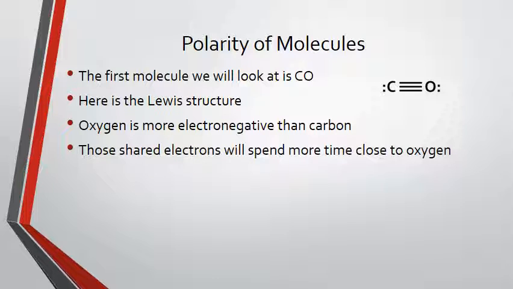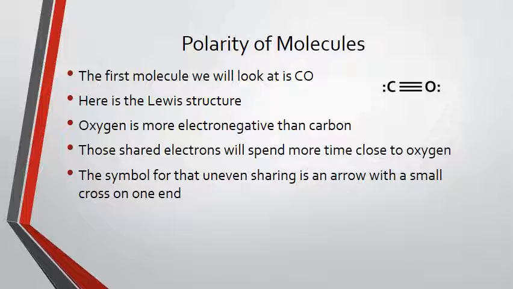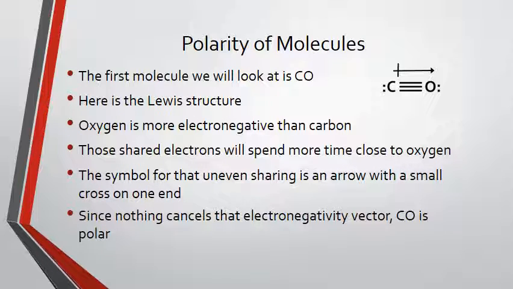So what that means is those shared electrons will spend more time closer to the oxygen than the carbon. The symbol for this uneven sharing is an arrow with a small cross on one end. The cross represents the plus side. The arrow points toward the partial negative side. Since nothing cancels, we have a single vector.